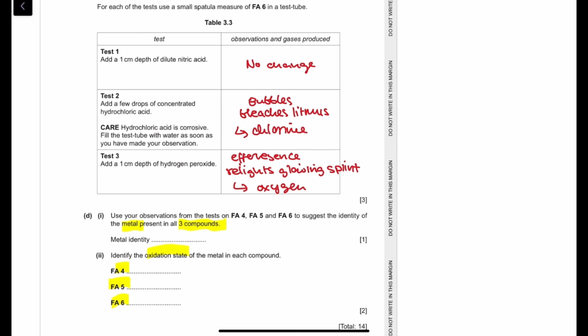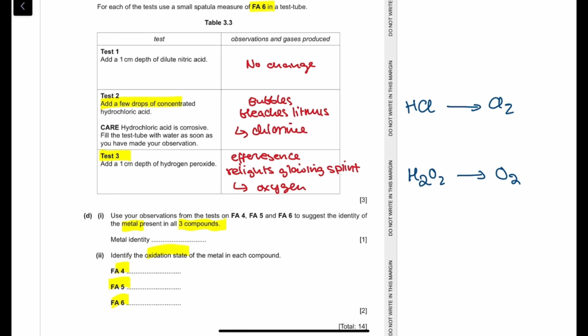Our last tests are for FA6, and there are 2 observations for test 2 and test 3. In test 2, HCl forms chlorine, which means oxidation must have taken place, and H2O2 forms oxygen, which again means oxidation has taken place.